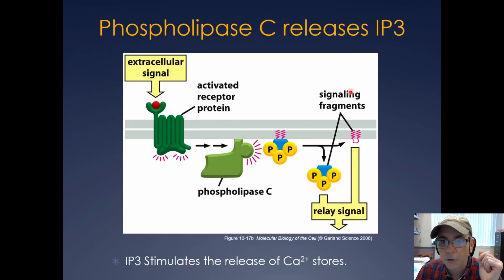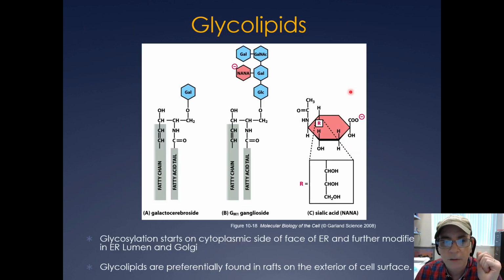These are just sugar moieties attached to a phospholipid. You don't necessarily need to know these, but it's important to know that you can get sugars added to them, and this happens in the interior lumen of the secretory pathway.